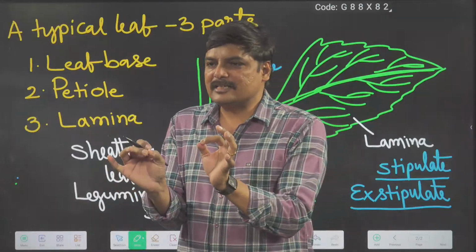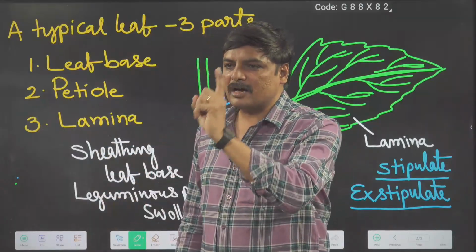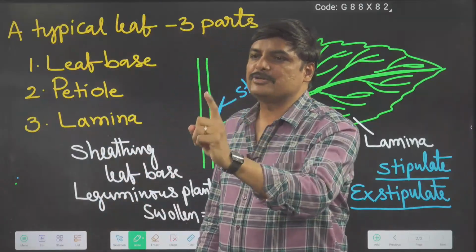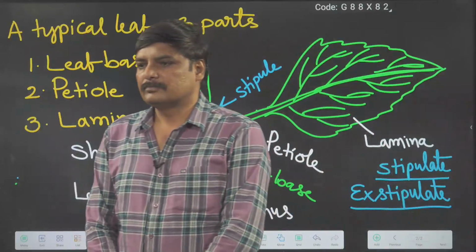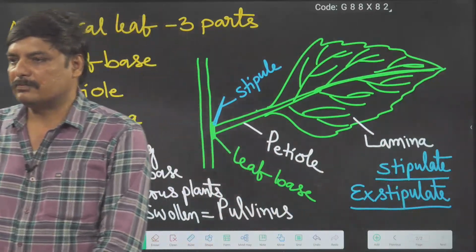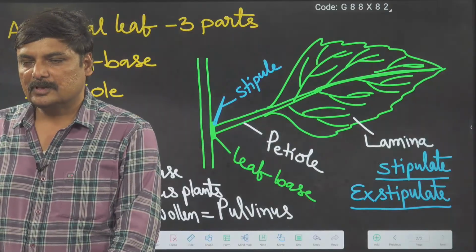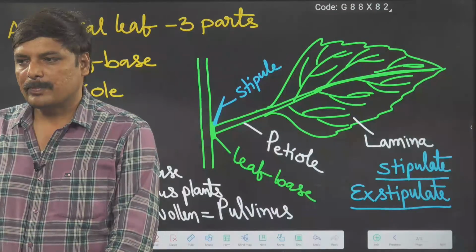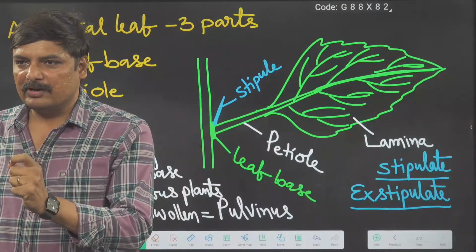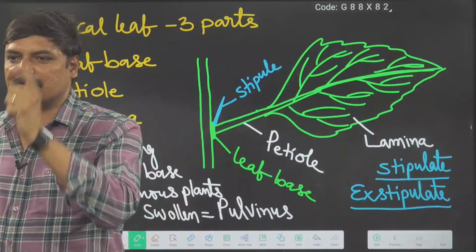Or you can say simply like this, stalk of the leaf is called petiole. Is it clear? Stalk of the leaf is known as petiole.